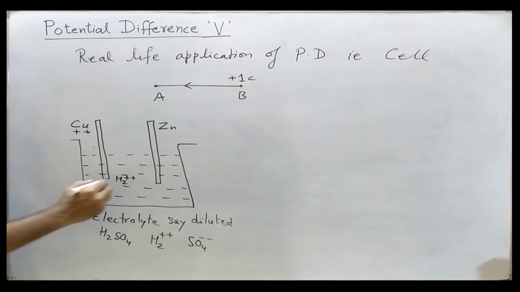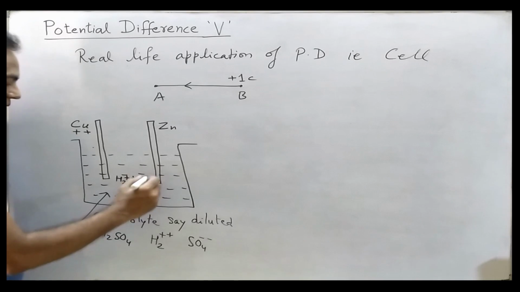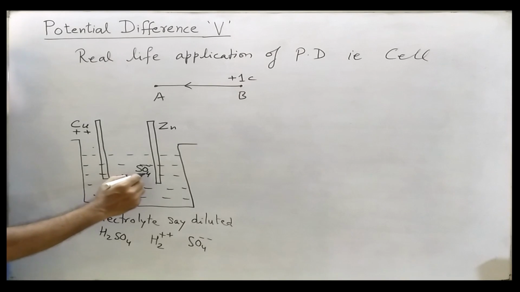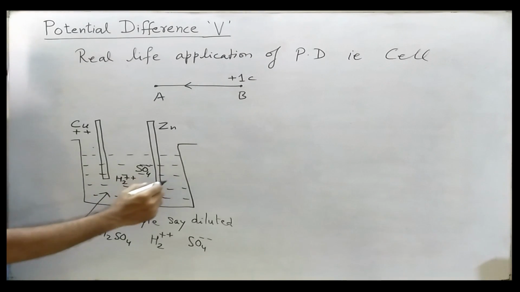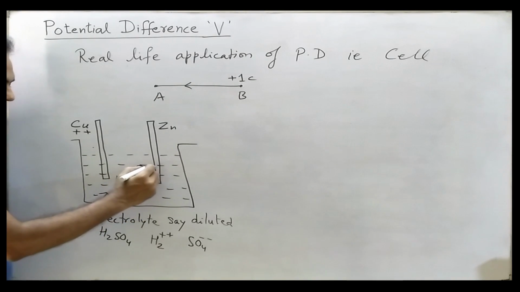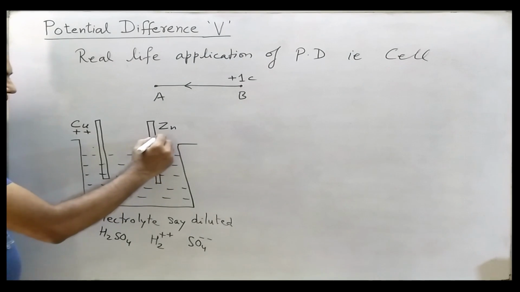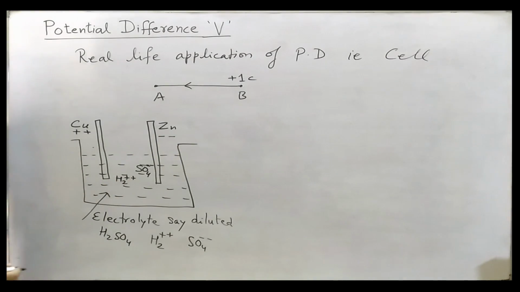Likewise, the SO4 minus negative ions will continuously react with zinc and the electrons will get deposited on zinc. So this electrode will become negatively charged.